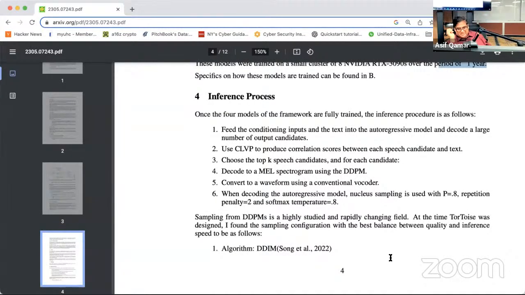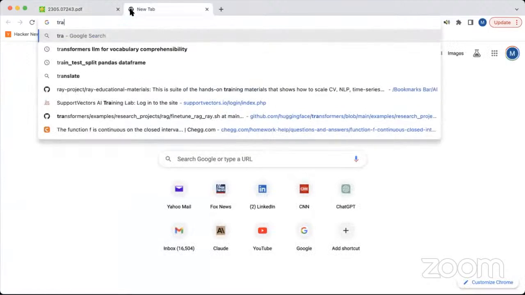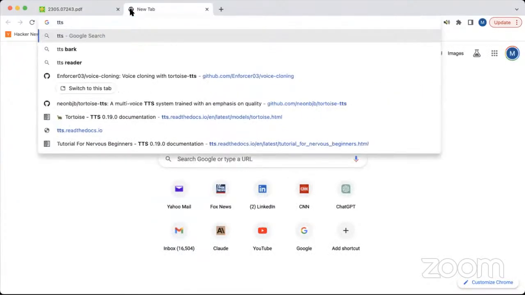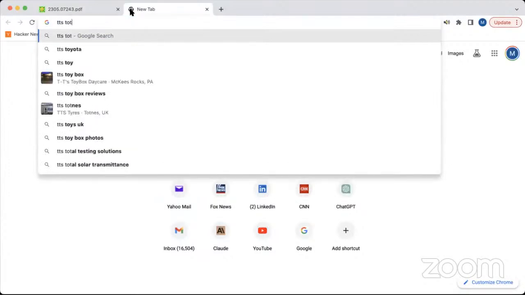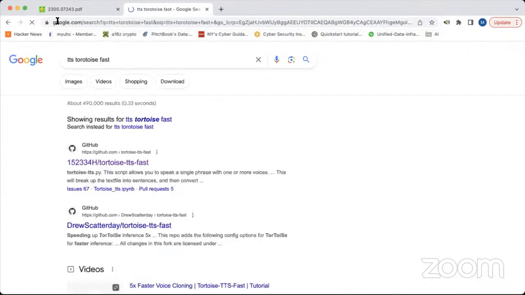I know enough about it and keep listening to and reading the research papers that keep coming out. Maybe a super specialist will say something, but to my knowledge, the latency issue is still around. Okay. Yeah, when I did a quick research on TTS, Tortoise TTS, there was something called Tortoise TTS Fast or something like that.